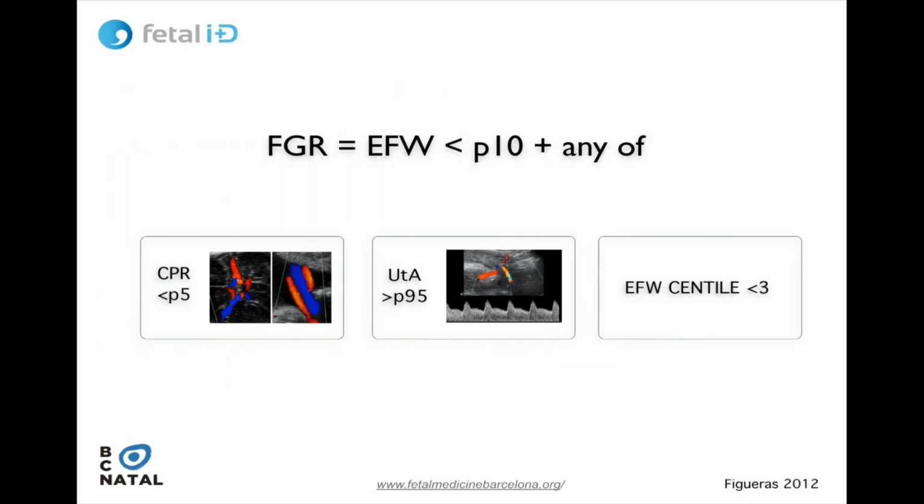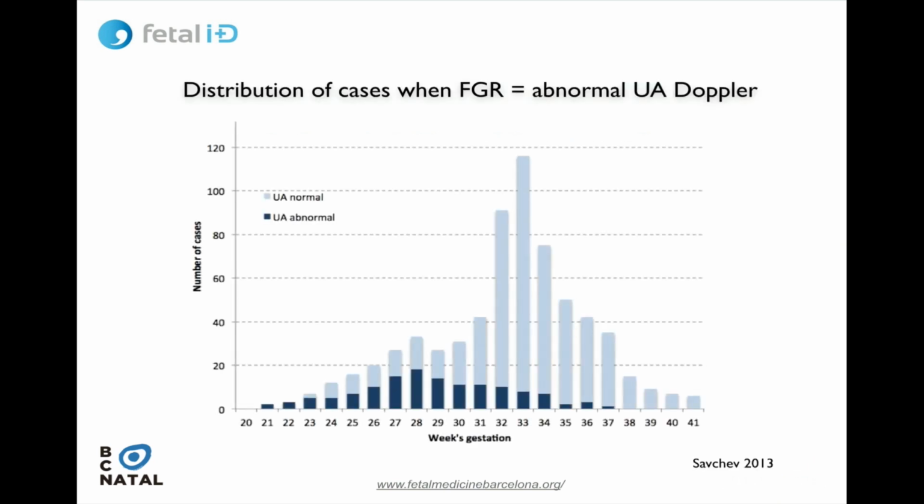So I think as of today, and as I insist, this can change in future years, as of today, if you want to know if a small fetus is fetal growth restriction, which means high risk, you should combine these 3 parameters: any of CPR, uterine artery, and the centile. And when doing that, you will change.